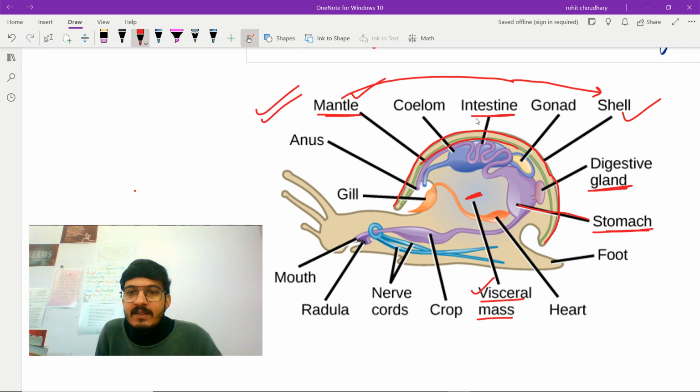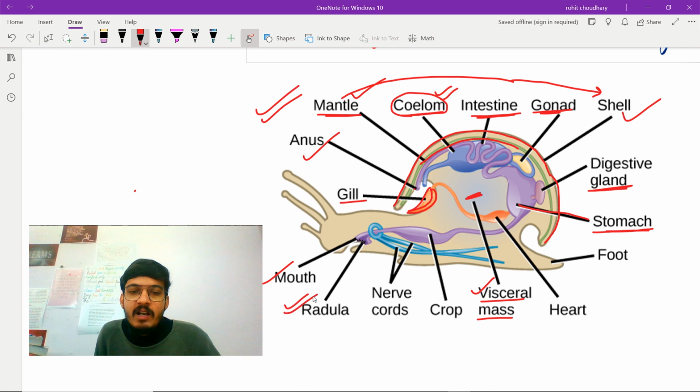And this is the intestine, and here lies the coelom. The coelom is a true coelom. We can see the gonad as well, and here lies the anus. And this is the gill, which helps in respiration. Here lies the mouth.